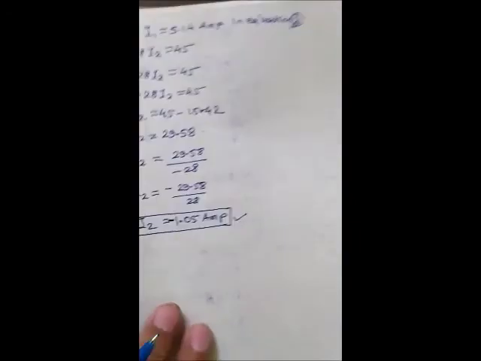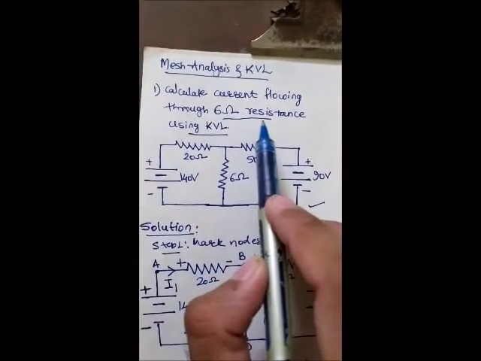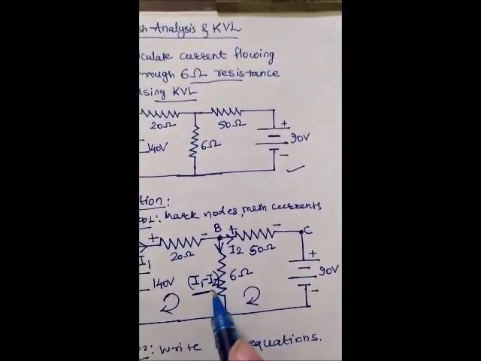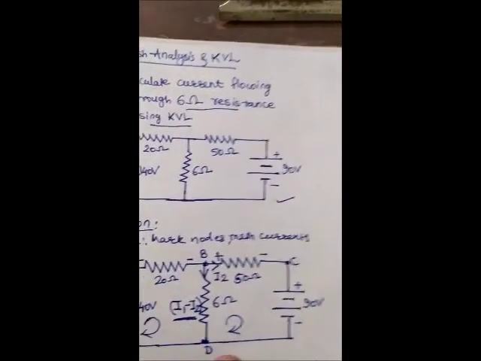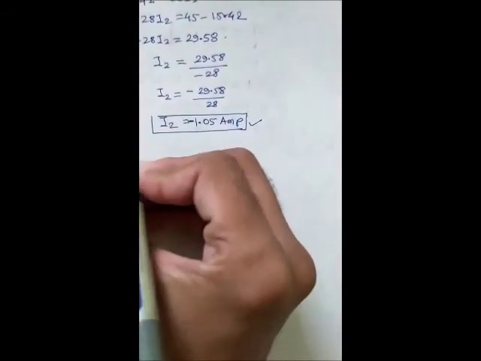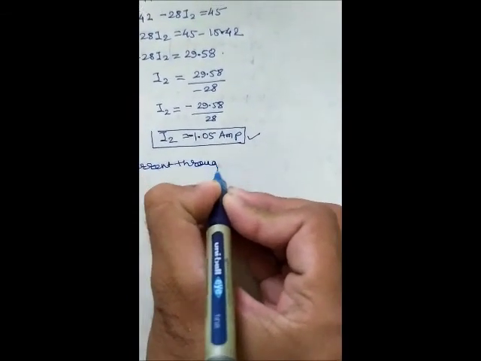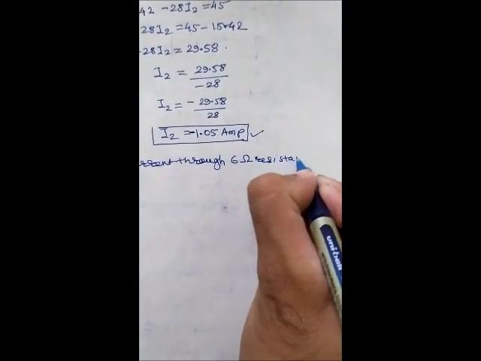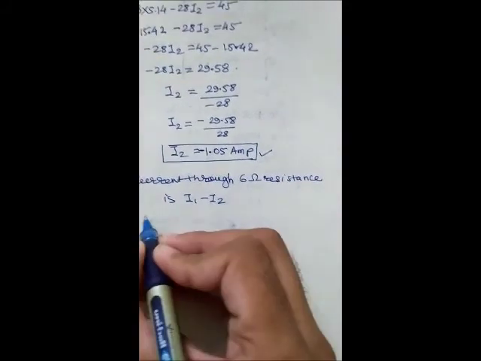But what is the question asked to us? Calculate the current flowing through the 6 ohm resistance, and the current flowing through the 6 ohm resistance is I1 minus I2. Hence the next statement becomes: current through 6 ohm resistance is I1 minus I2.